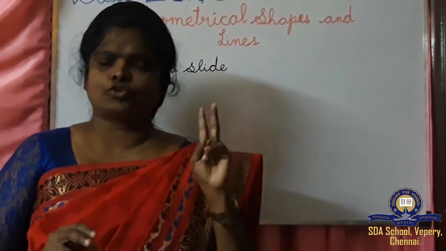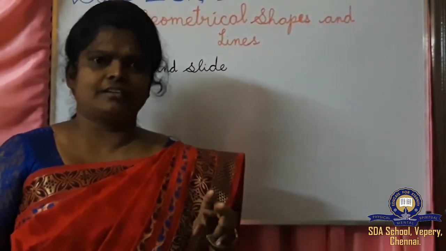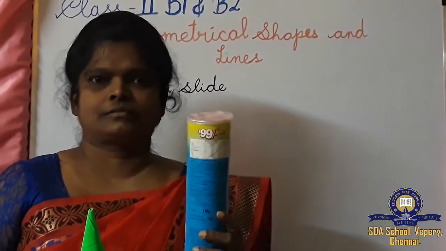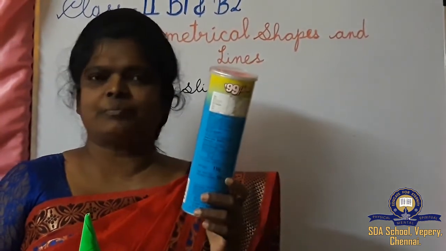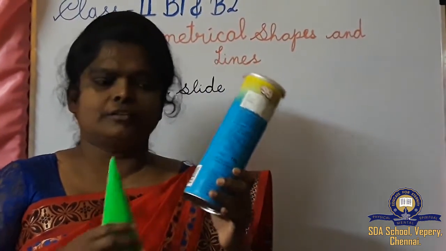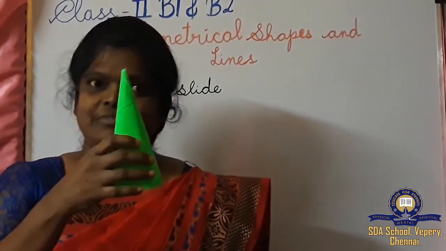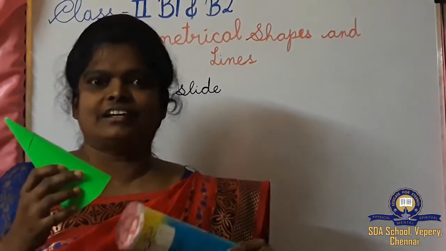So in these objects, there are cone and cylinder. Now the cylindrical shape, it can roll as well as it can slide. The same thing, the cone also can roll and it can slide.